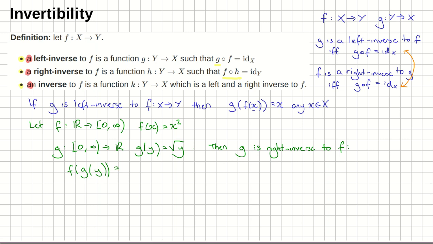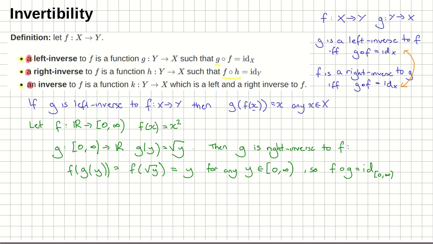Well, that is precisely f of root y, and since f of x is x squared, this is y again, and that's true for any y in our set of non-negative real numbers. So in other words, f composed with g is the identity on the set of non-negative real numbers, which means g is right inverse to f, and equally, as we observed above, f is left inverse to g.